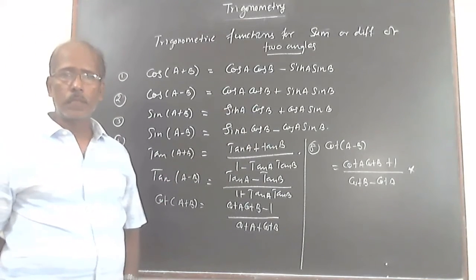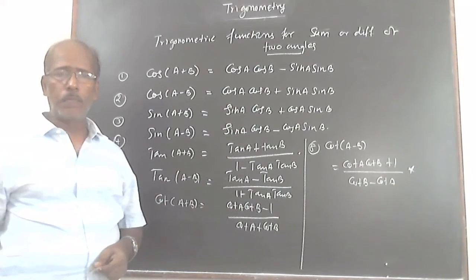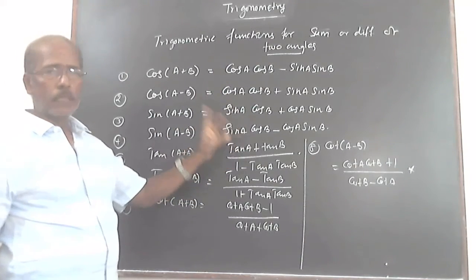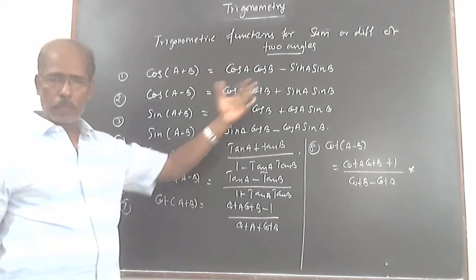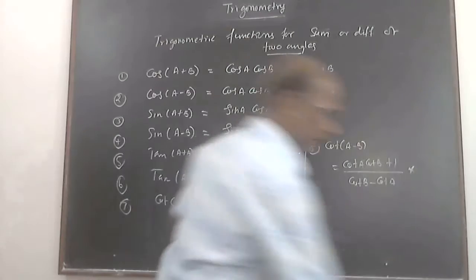Dear students, with the help of these identities we can now derive the product rule, that is, trigonometric identities in terms of products. We will discuss it now, so copy it.